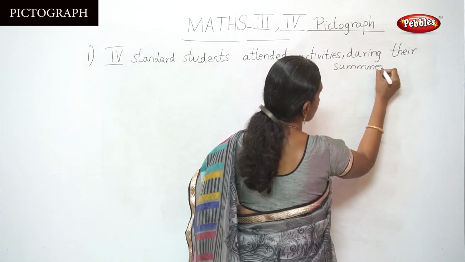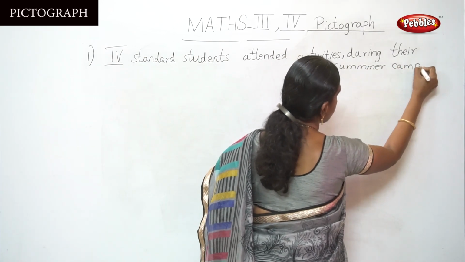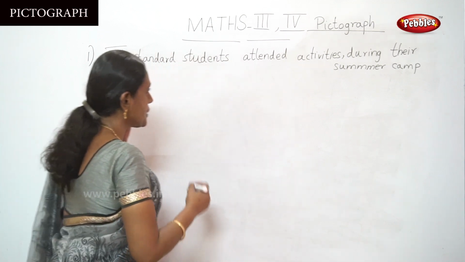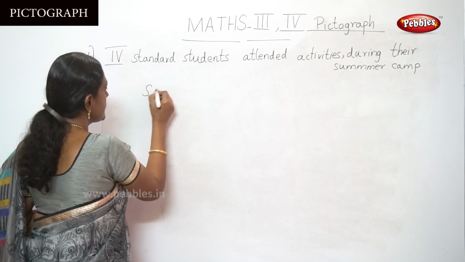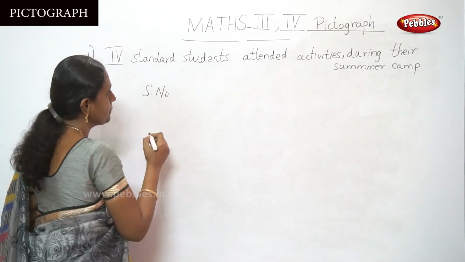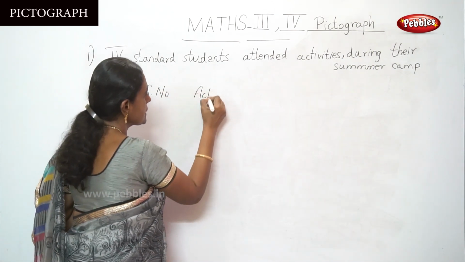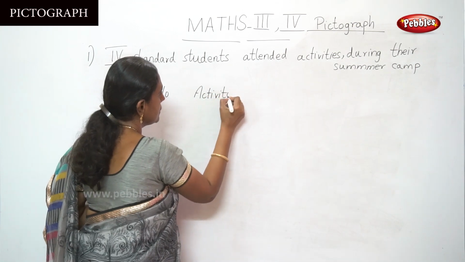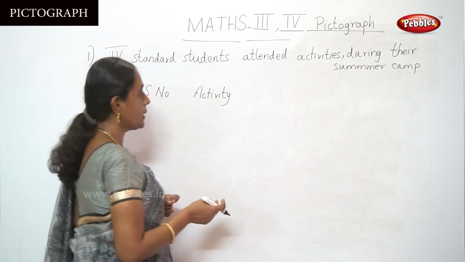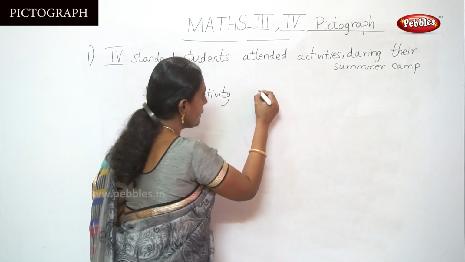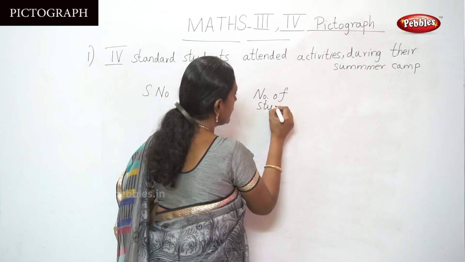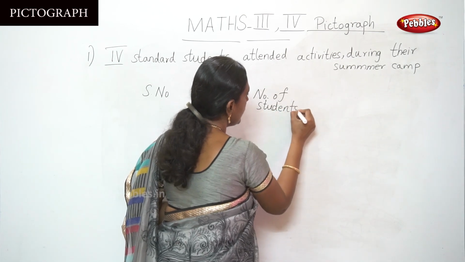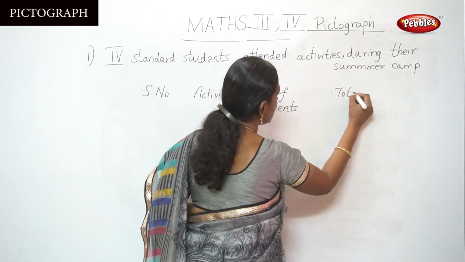We are going to put a table for this. The first one is the serial number, then the activity taken by the students, then the number of students, and this one is the total.